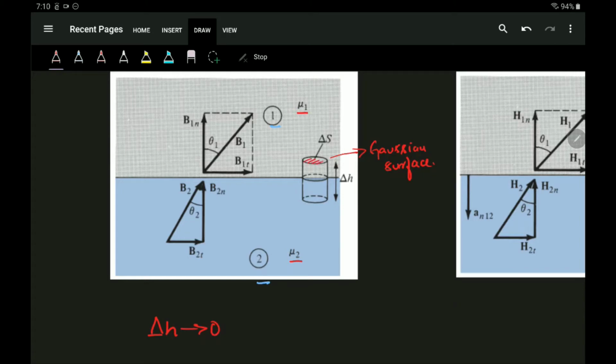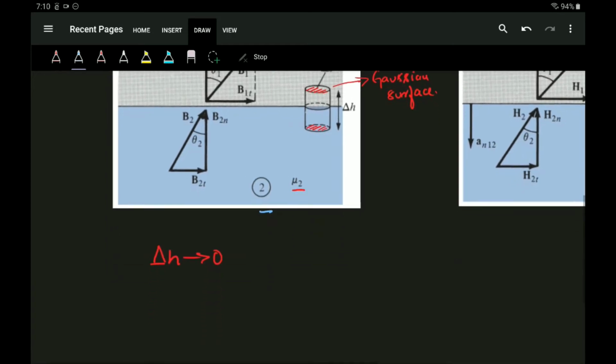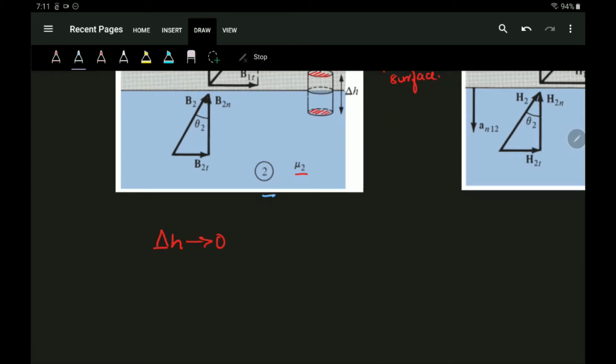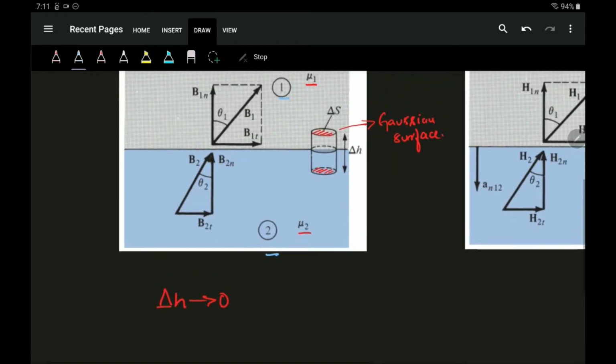So I'll only see the flux exiting the top face and the flux entering the bottom face. These are the only two fluxes I can think of. As we did in electrostatics, I'll call the top surface surface 1 and the bottom surface surface 2.